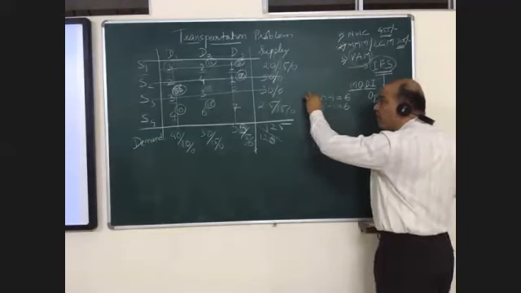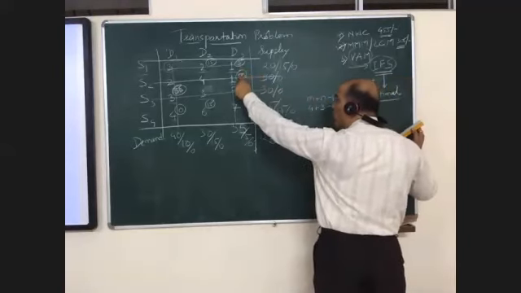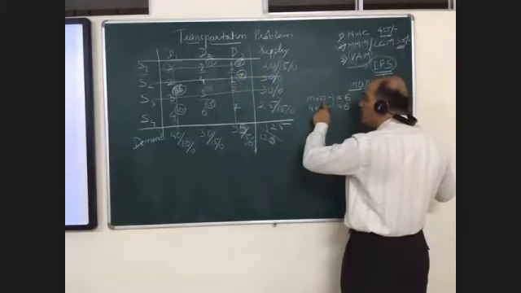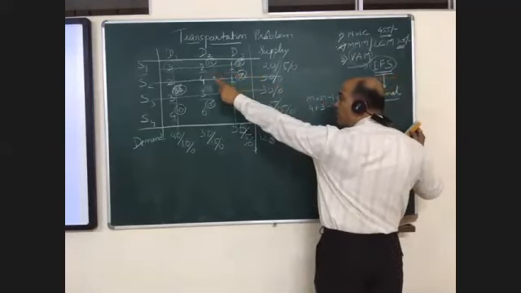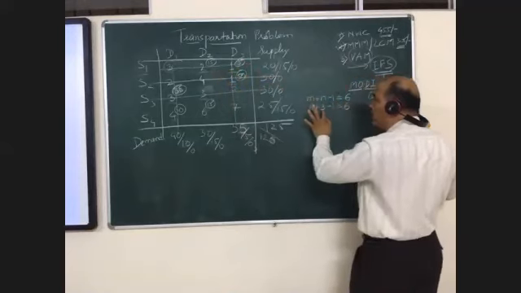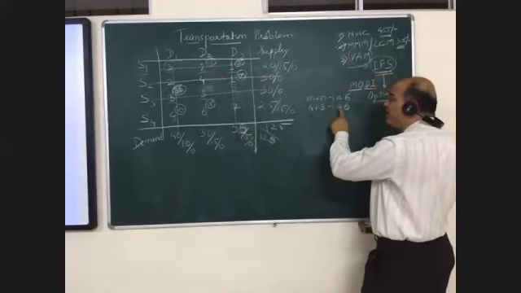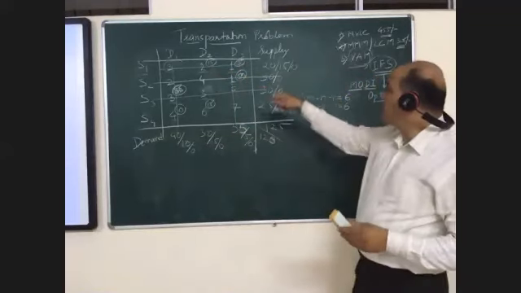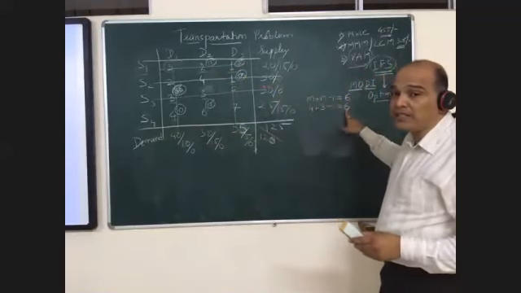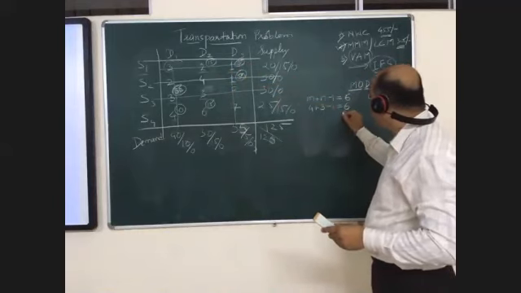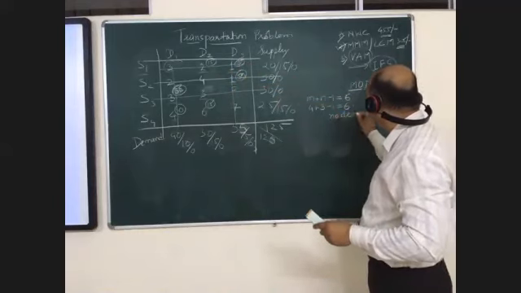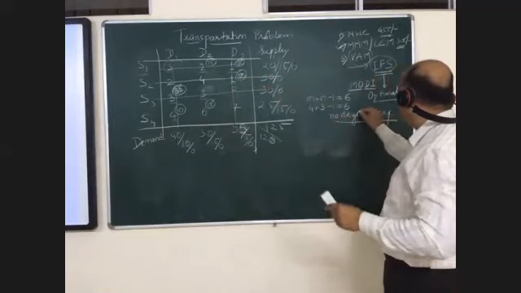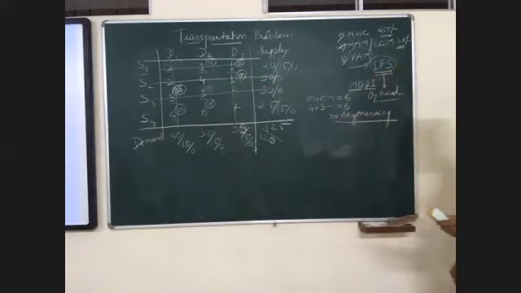What is m? It is the number of rows: 1, 2, 3, 4. That's why I've written 4. And n is the number of columns: D1, D2 and D3. So 4 plus 3 minus 1 is equal to 6. When the allocations match this figure, it shows that there is no degeneracy.